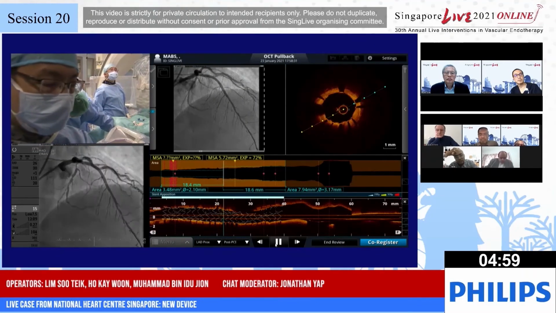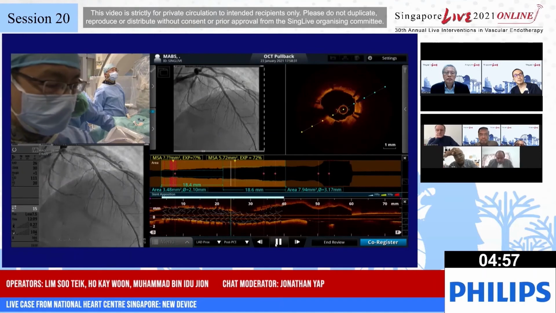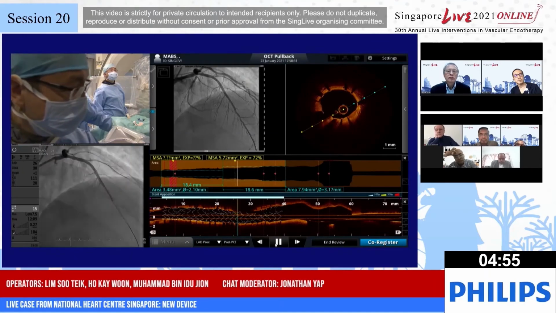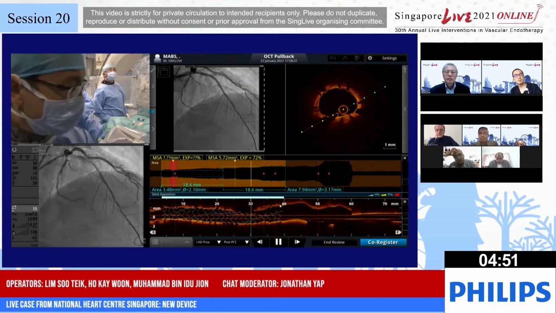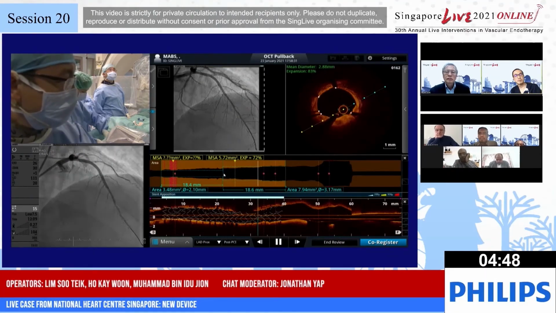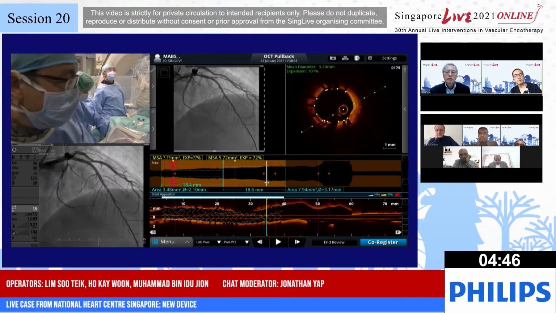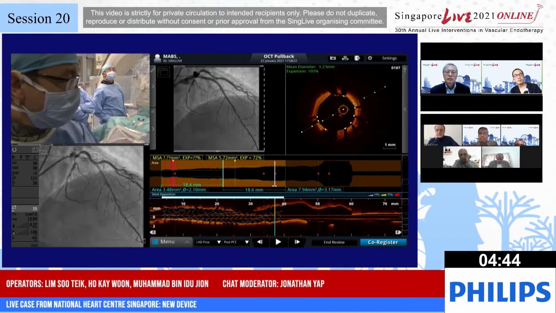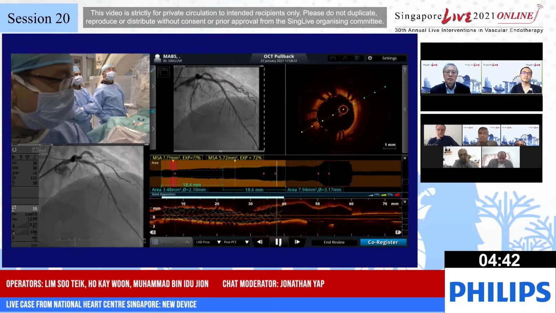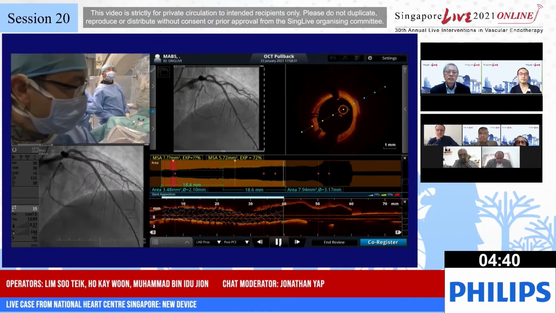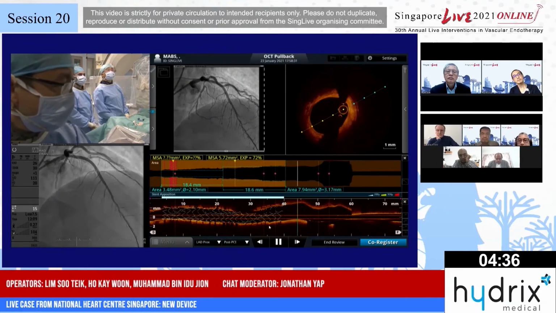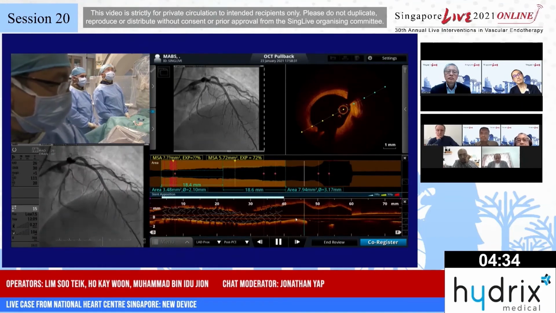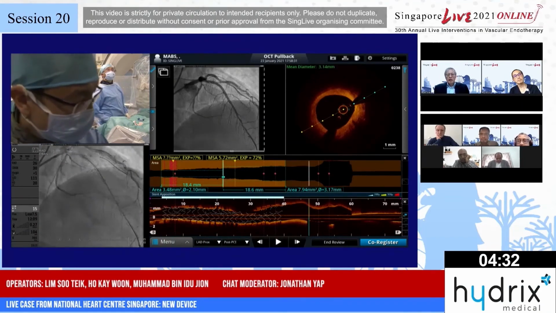Reasonably expanded. And the proximal edge actually looks quite alright as well. No signs of dissection, and it's quite well expanded.